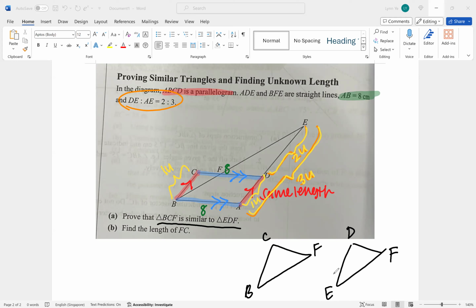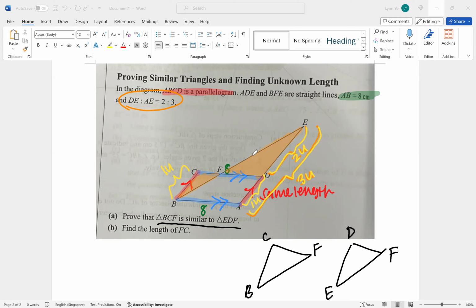Any clues I have or not, people? And then I will highlight. So I know that I'm focusing on these two triangles. D, E, F. So what clues do I have? Huh, guys?